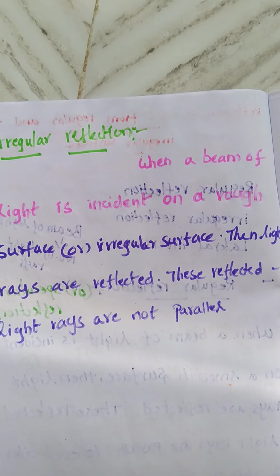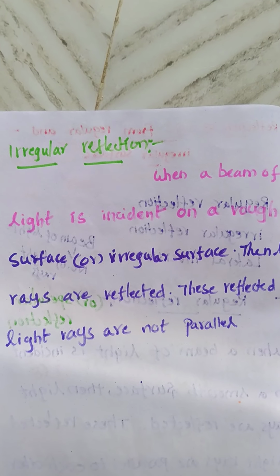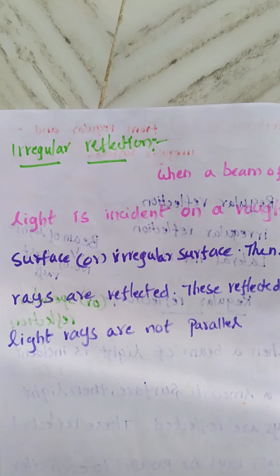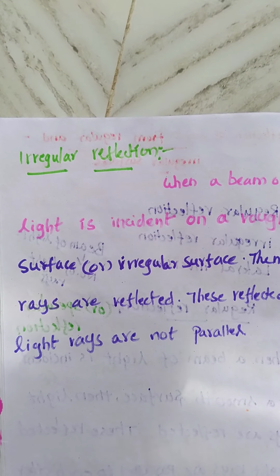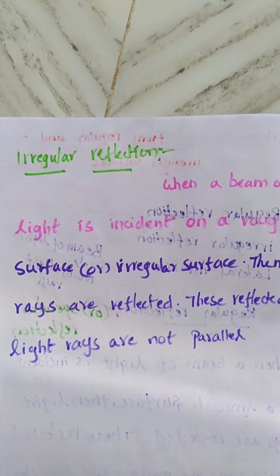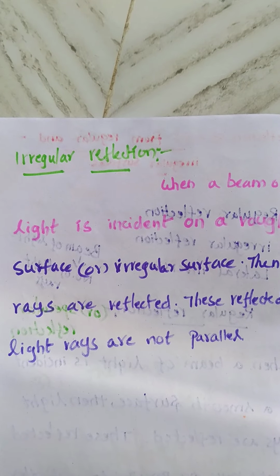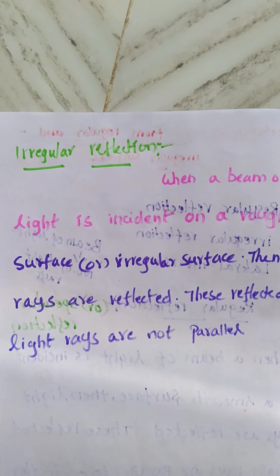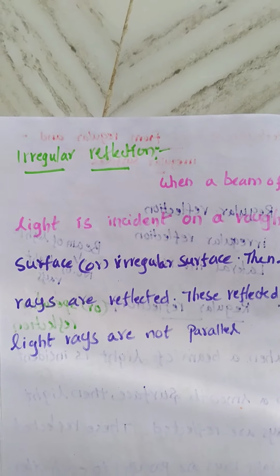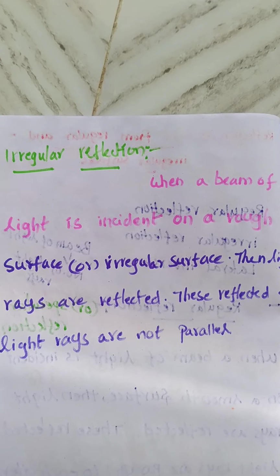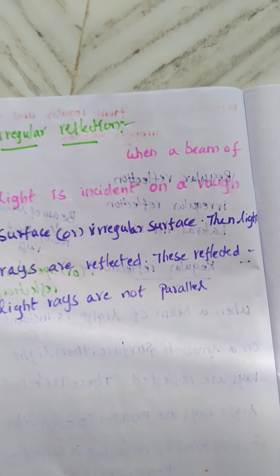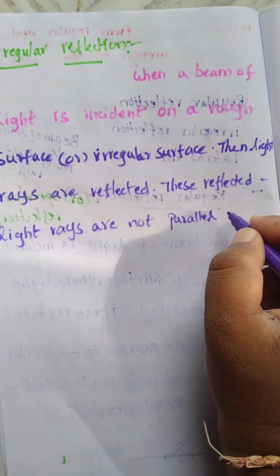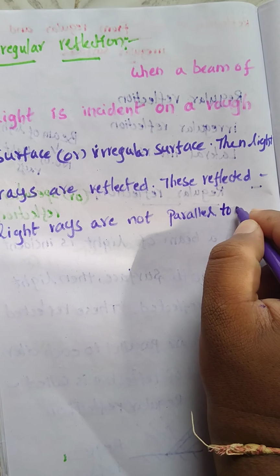For example, if you hit a ball on any uneven surface, the ball does not come back to its original position. It goes to another position. Why? Because of that uneven, rough surface, the light rays are not parallel to each other.